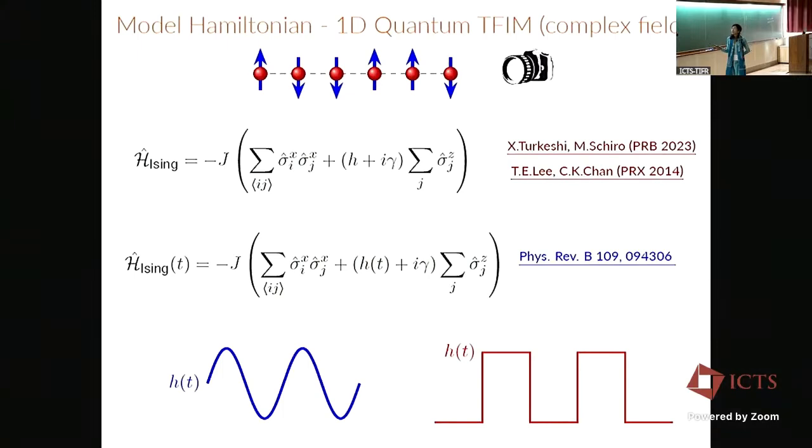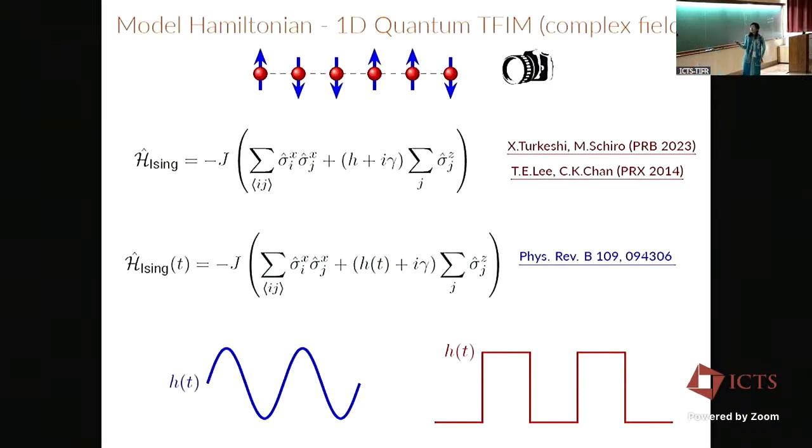We are using this Hamiltonian because via the Jordan-Wigner transformation it can be mapped to a bunch of non-interacting free fermions, and one can do a lot of analytical calculation here and understand the entanglement properties of this system. Previously, there is a paper by Lee and Chen in 2014 where they showed that this steady state can have interesting phases if you tune the parameters and can lead to interesting quantum phase transitions.